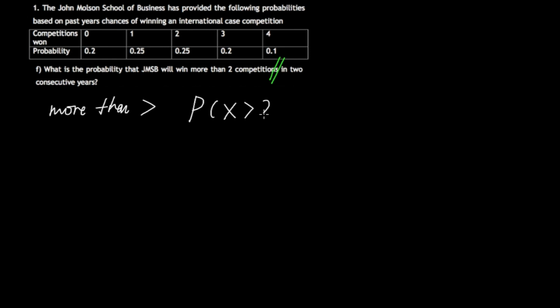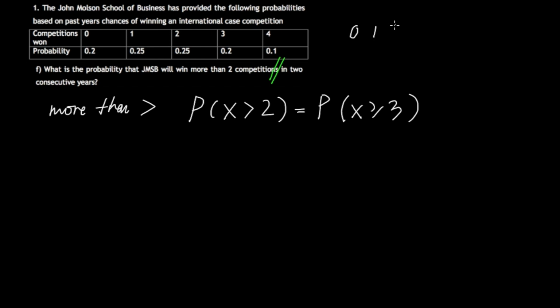winning more than 2 competitions, which is the same thing as the probability of x greater than or equal to 3, right? So remember my trick.